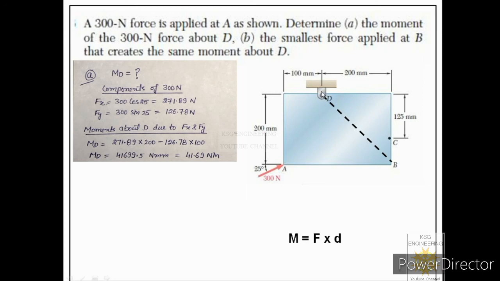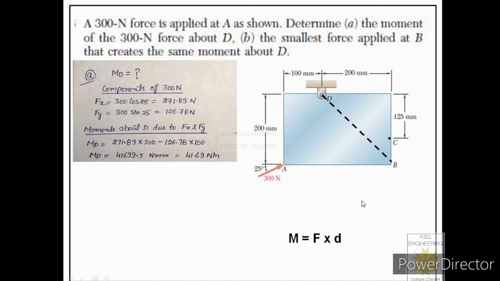So how can we use this complete length as the moment arm? We can use this complete length as the moment arm if we draw the force at B at 90 degrees to that moment arm, because we know that we can consider only that distance as a moment arm which is perpendicular to the line of action of the force and to the axis of rotation.